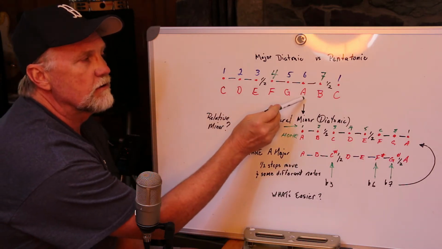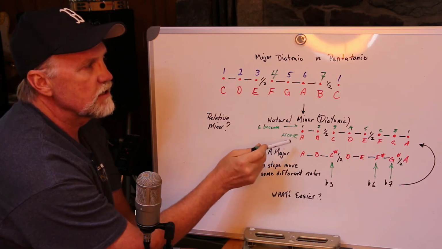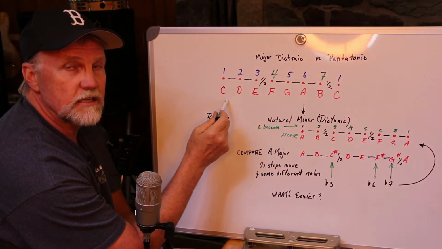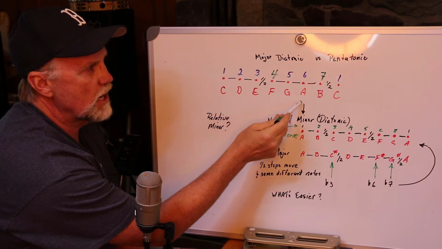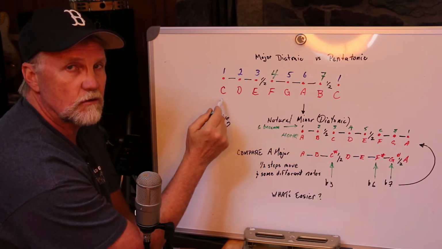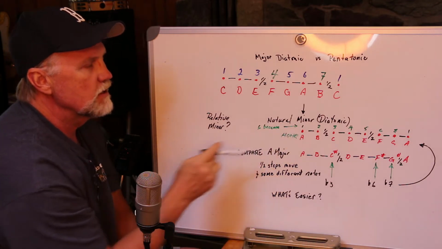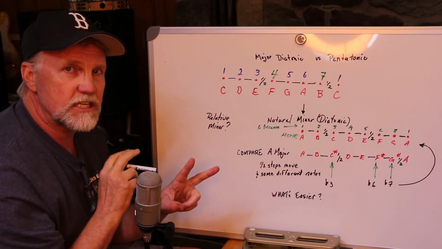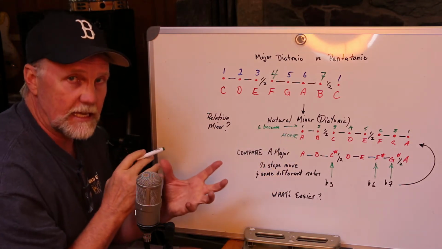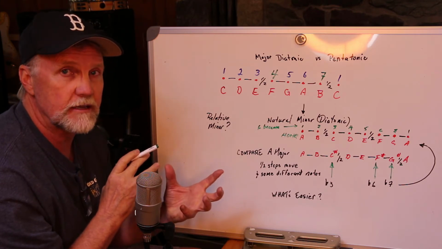The minor is just a mode of C. A minor is just a mode of C. I'll explain that later. But the reason why we give minor the status of key is not really because it's a key. It's because we just use it a lot.